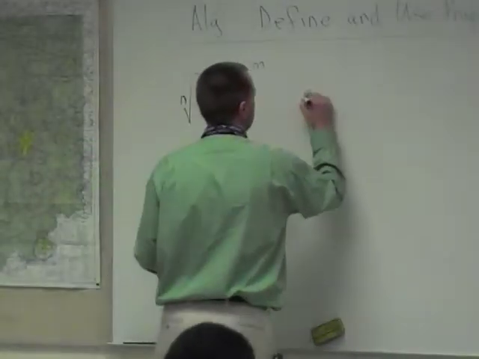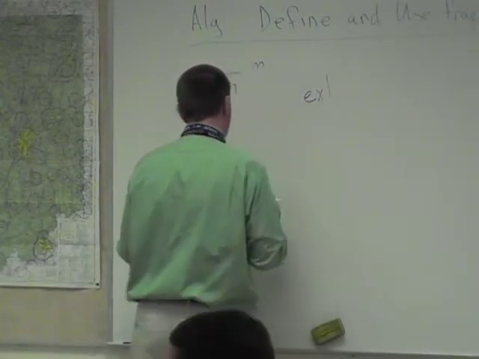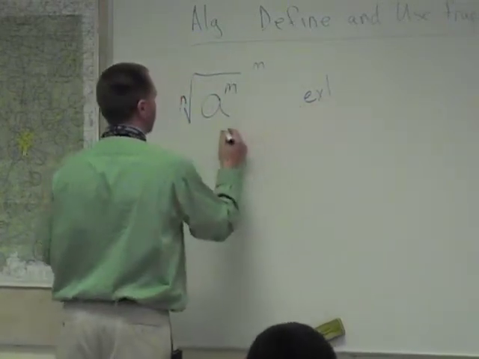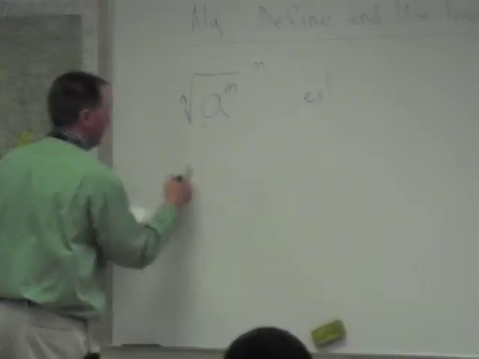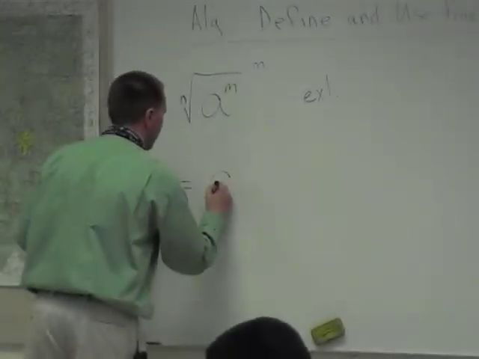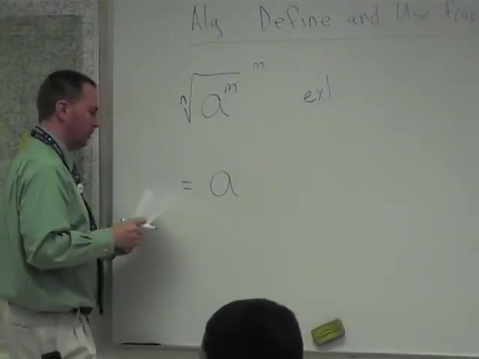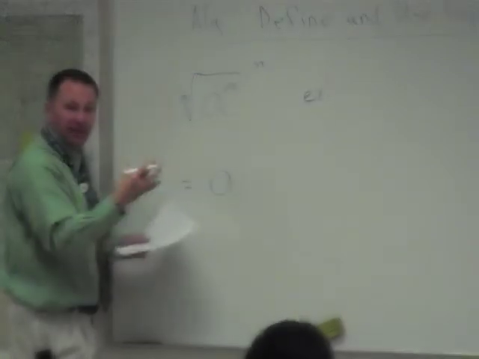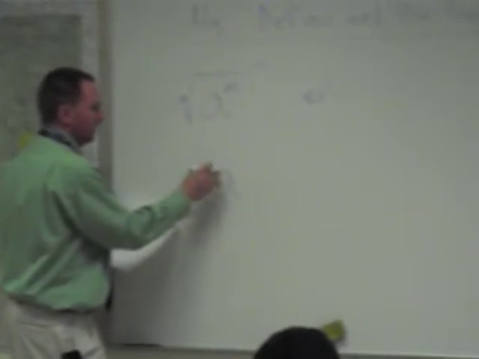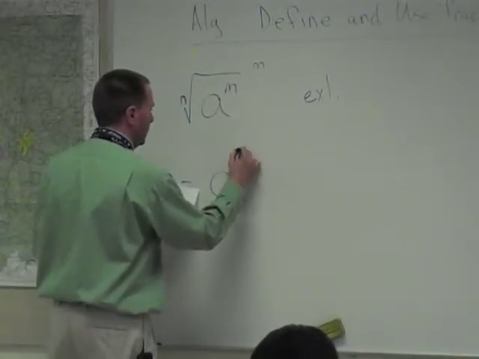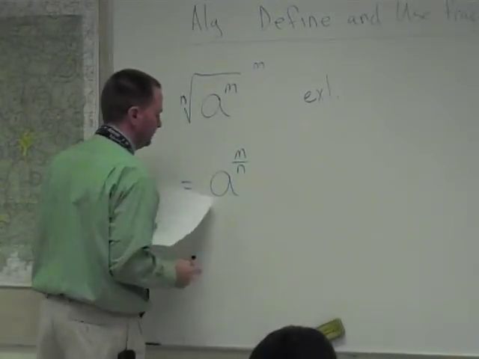Example 1. Well, let me go back to this real quick here. What this equals is your base. I haven't calculated anything yet, so I'm manipulating the way this looks. This is now raised to the m over n.